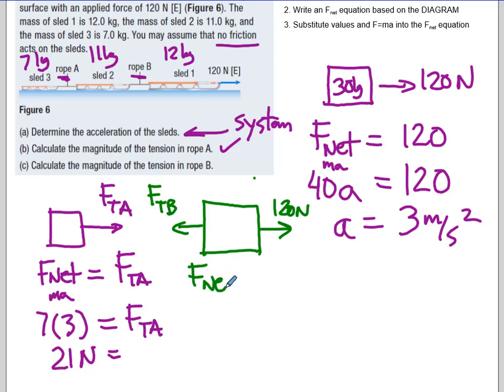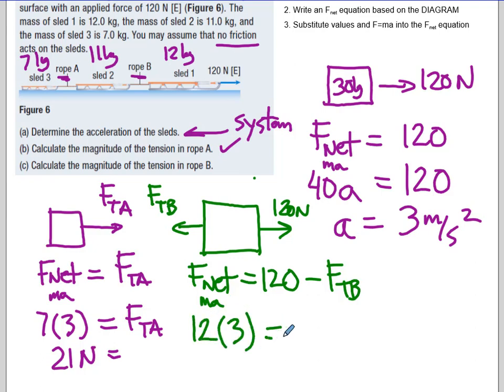So I would write FNet equals 120 minus the force of tension B. FNet again is MA. The mass of this one is 12. The acceleration is 3. The 120 Newton applied force is constant.